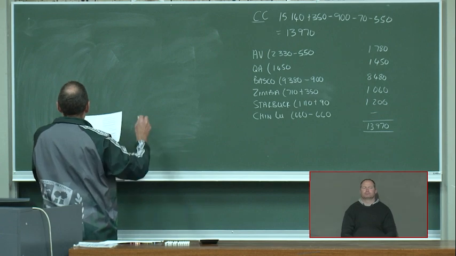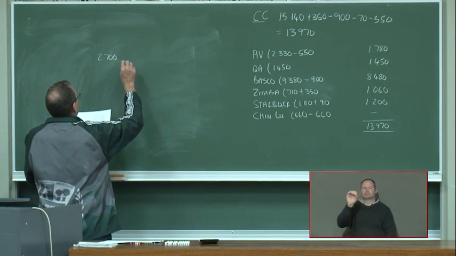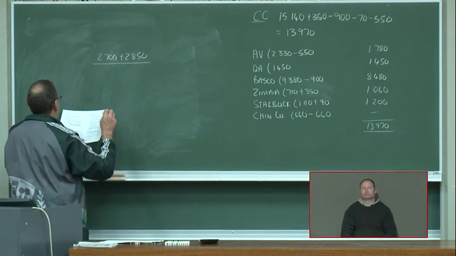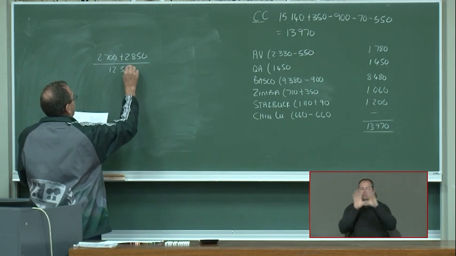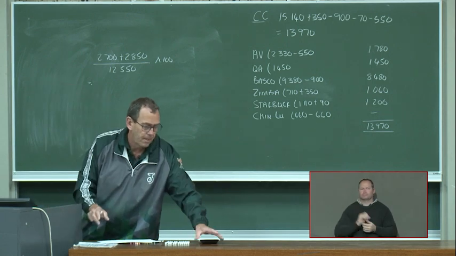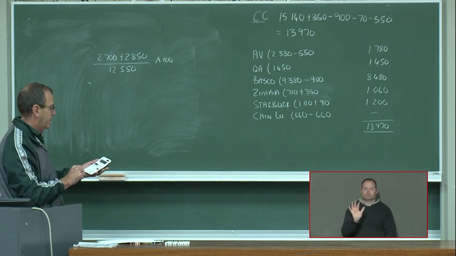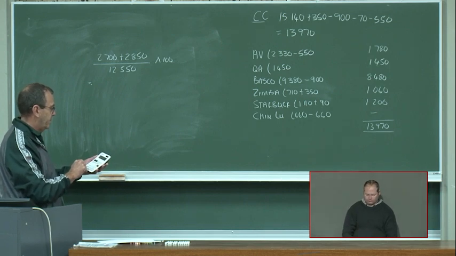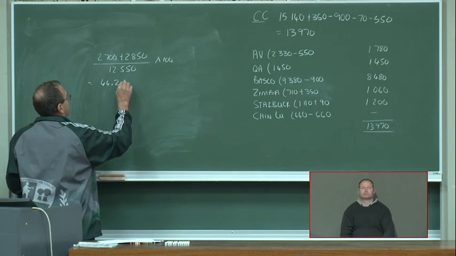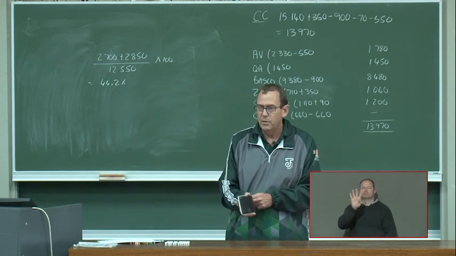So the current part is 2,700 and the 30 days is 2,850. So we add those two figures and we divide that by the total debt, 12,550, and we calculate the percentage. So 2,700 plus 2,850 is 5,550 divided by 12,550, and that gives you 44.2%. So only 44.2% of the debtors keep to the rules.